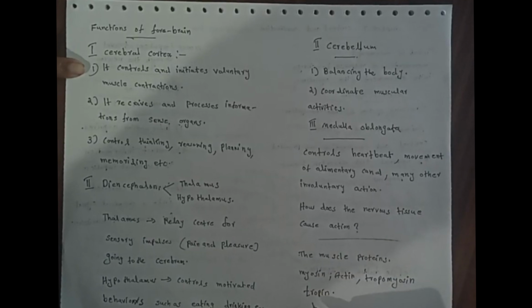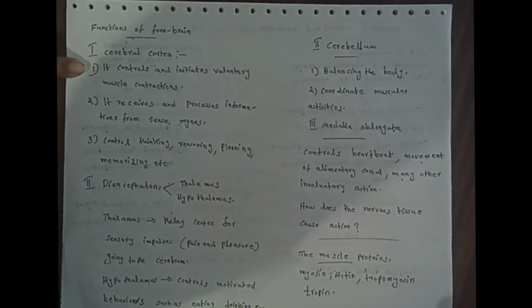Myosin, actin, troponin and tropomyosin are the four main proteins seen in muscles.